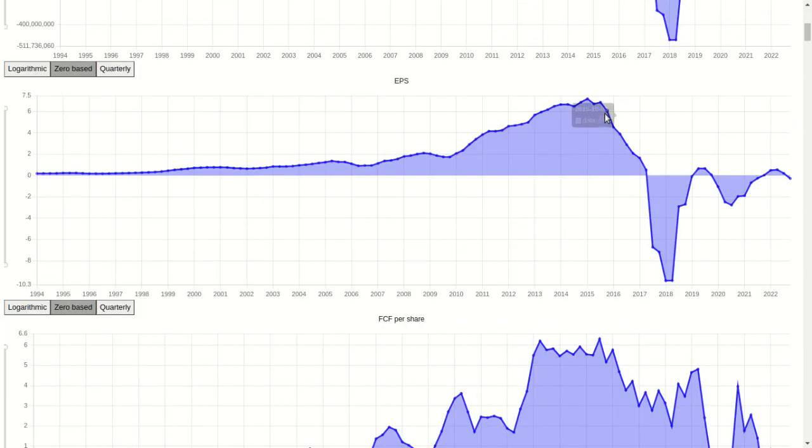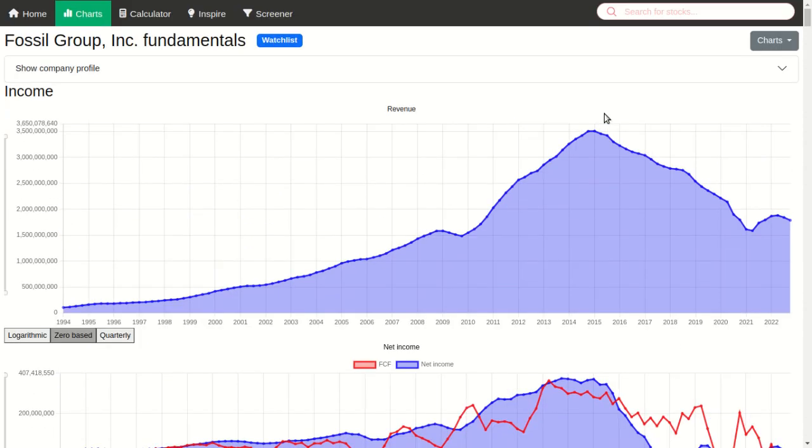Revenue, net income, EPS, free cash flow, everything looked very nice, and if you check the remaining charts, those looked very nice as well. But there have been some changes in the business environment, and it caused a continuous deterioration of this business.